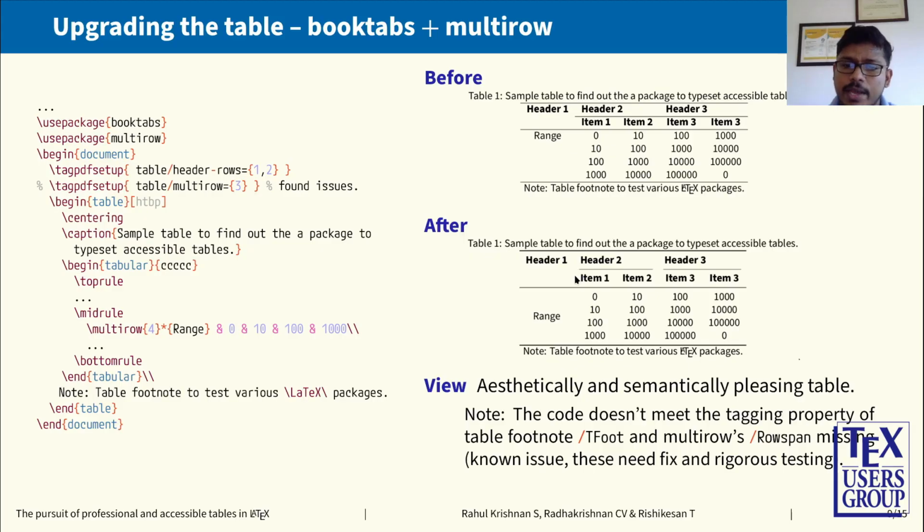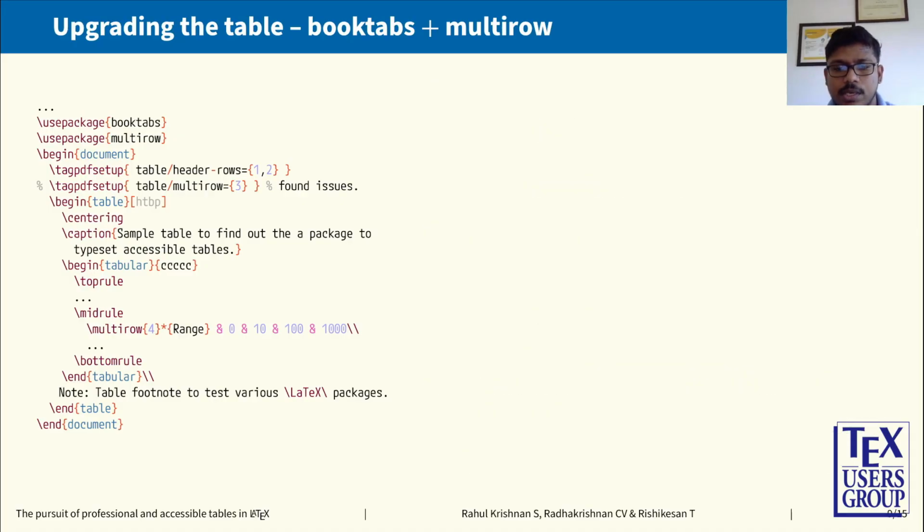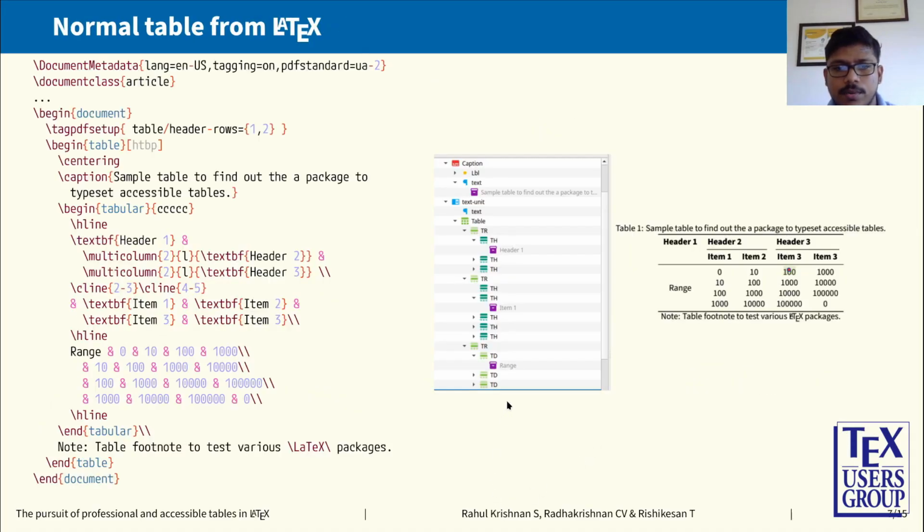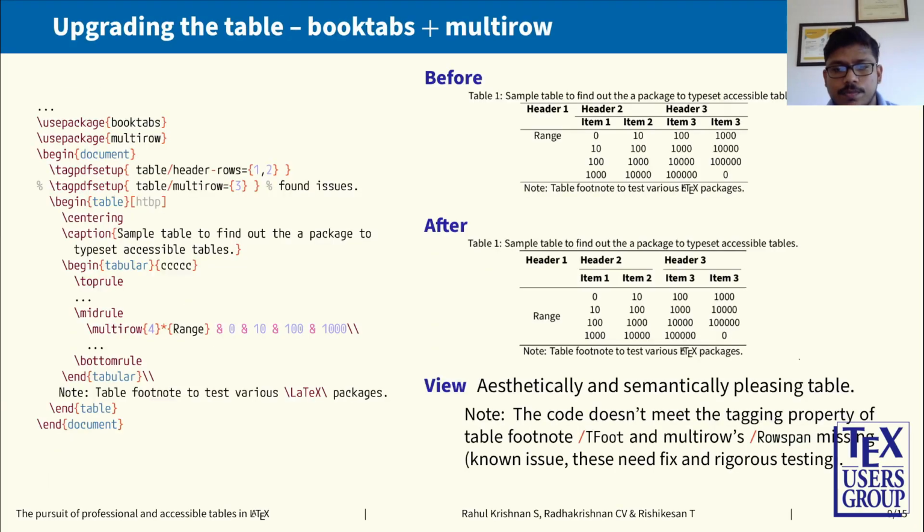And one thing I would like to mention is that the T-foot is missing in the tagging structure we have seen in the previous slide. That is because here I have coded it as normal text. At the moment we do not have any packages to typeset this table footnote and make that entry in the tagging setup. So this is one note I have.